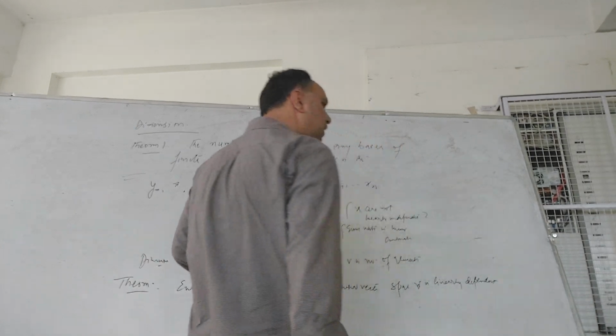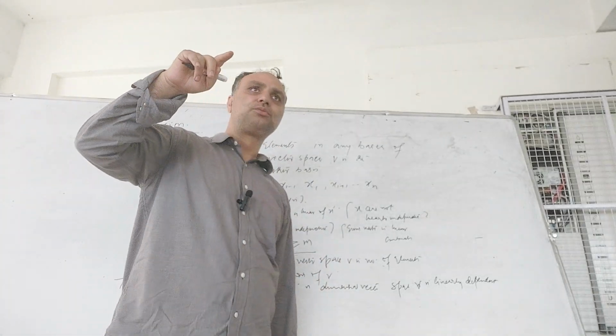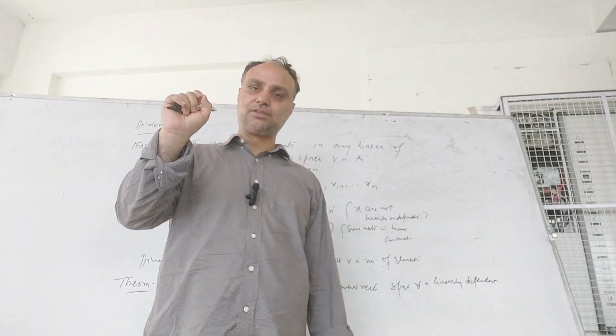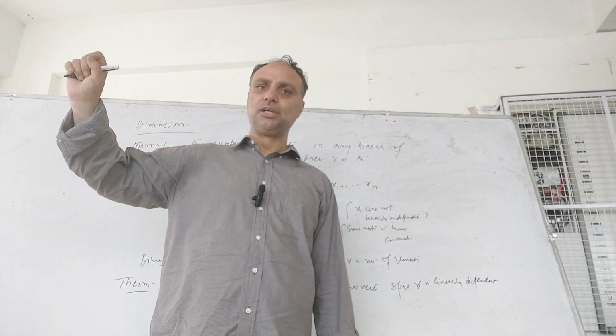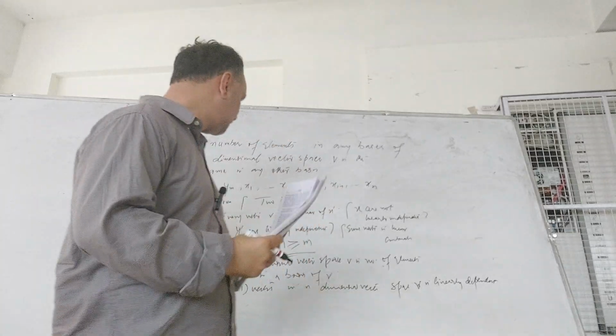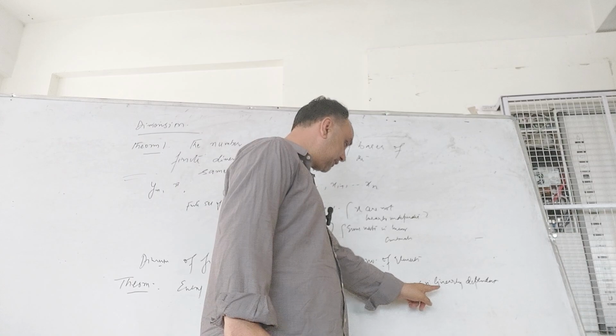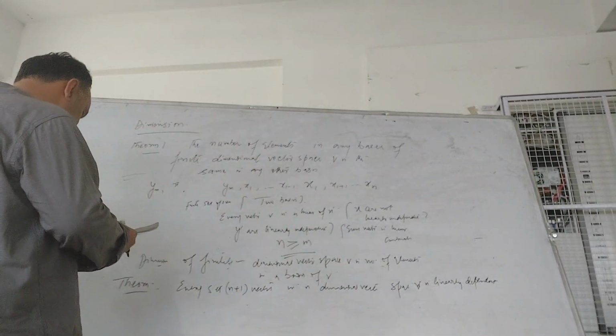Linearly dependent means these scalars alpha 1, alpha 2, up to alpha n are not all zero, so every set of n plus 1 vectors in n-dimensional space is linearly dependent.